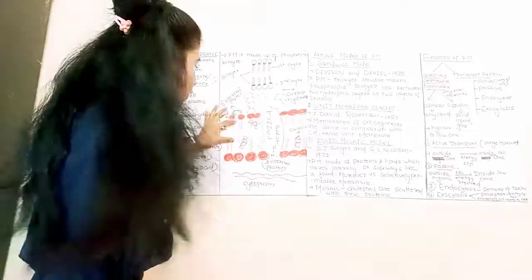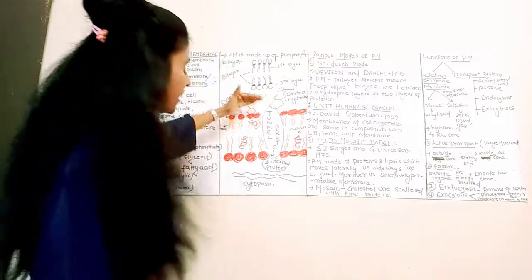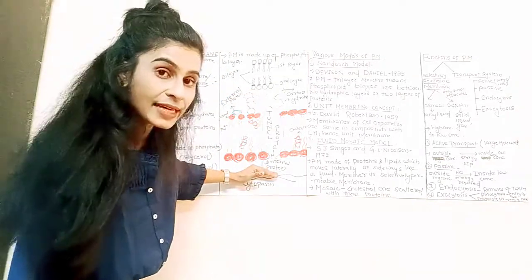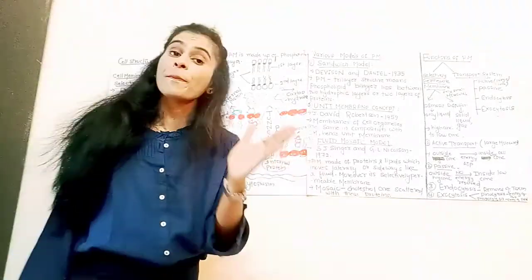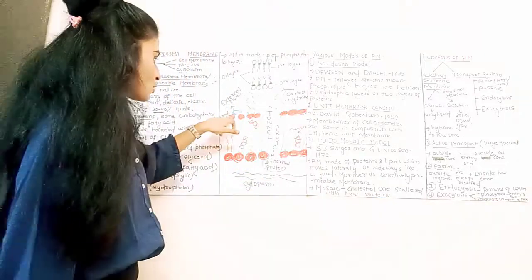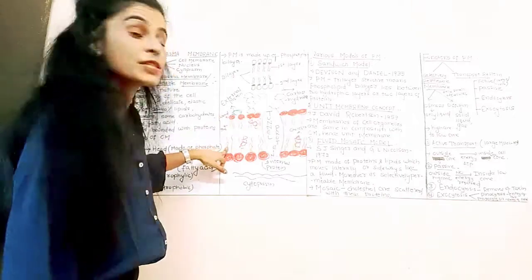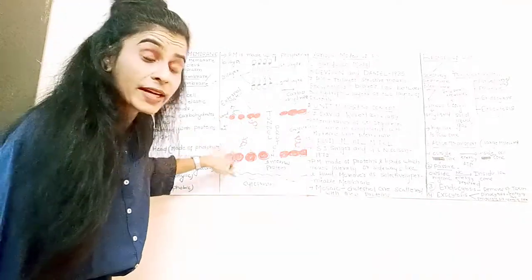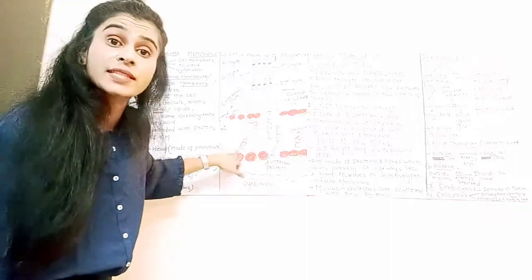So these two phospholipid layers lie between the external protein and internal protein. The phospholipid lies between two layers of proteins or two hydrophobic layers. This one is the hydrophobic region. We already discussed that the tail is hydrophobic, water hating.